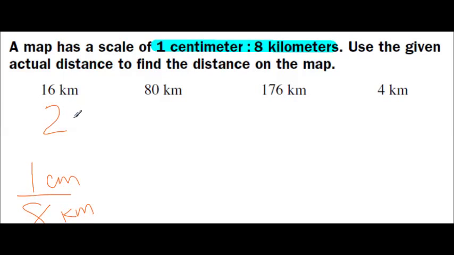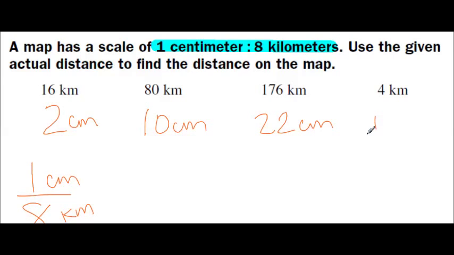Well, now I just want to figure out how many centimeters it's going to be for 16. So basically, it's 8 times what equals 16. In this case, it's 2. So 1 times 2 in the numerator gives me 2 centimeters total. I do the same thing for each of these.